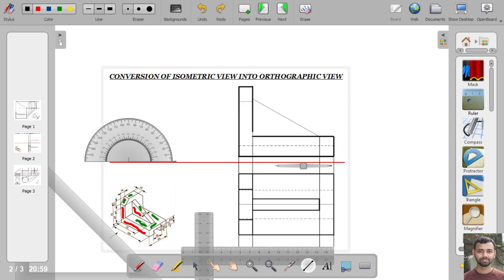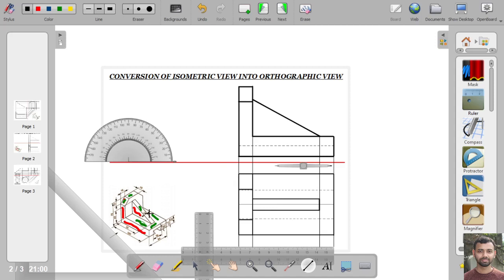Okay, we will make these lines thick. Okay, so this is the front view. This one is the top view.